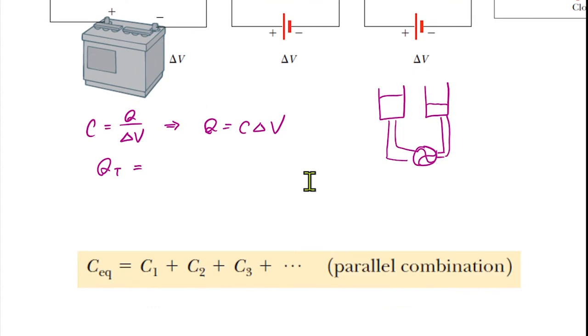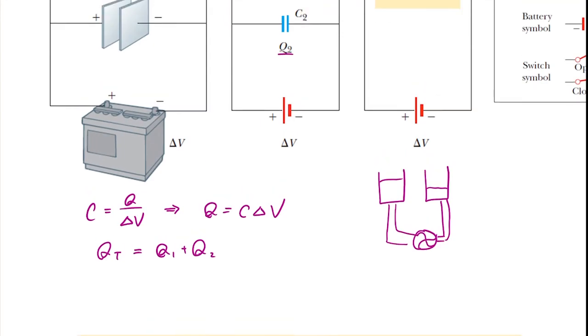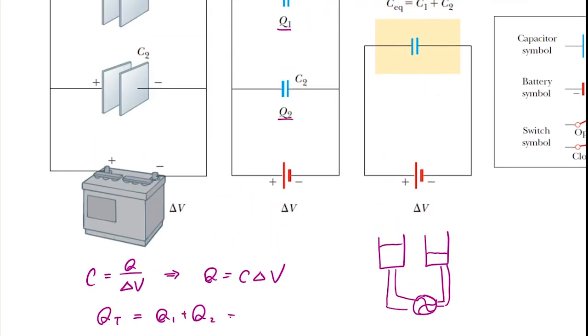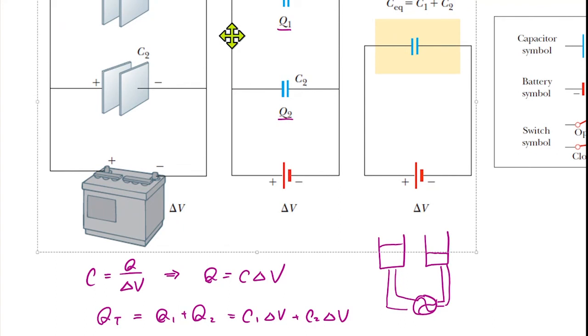Okay, so we have this. Now, that means Q1 plus Q2 is whatever charge you can store in each capacitor, okay? Of course, according to this relationship, that is C1 delta V plus C2 delta V, correct? But I just said with the water analogy, the potential difference is exactly the same on this side and exactly the same on that side.